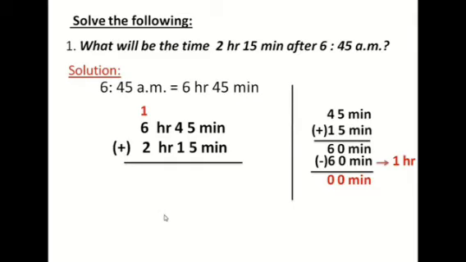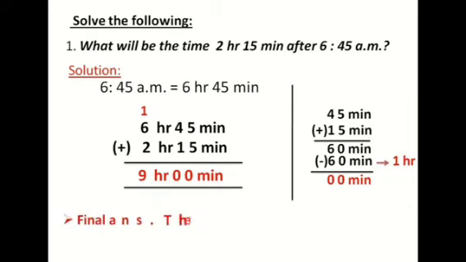So how much is the total time? In the column of minutes, we will write 0, and 6 plus 2 plus 1 gives you 9 hours 00 minutes. So the final answer, what can we write? The time will be 9 a.m. 9 hours 00 minute means it will be 9 a.m.